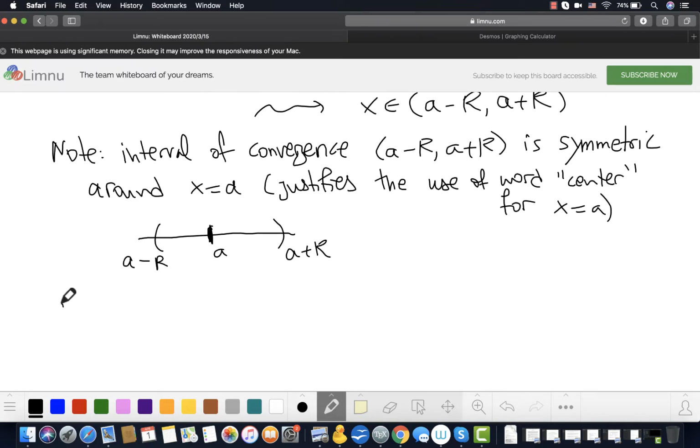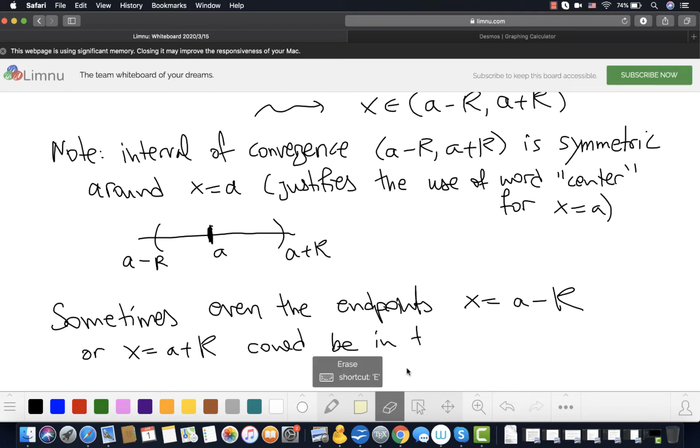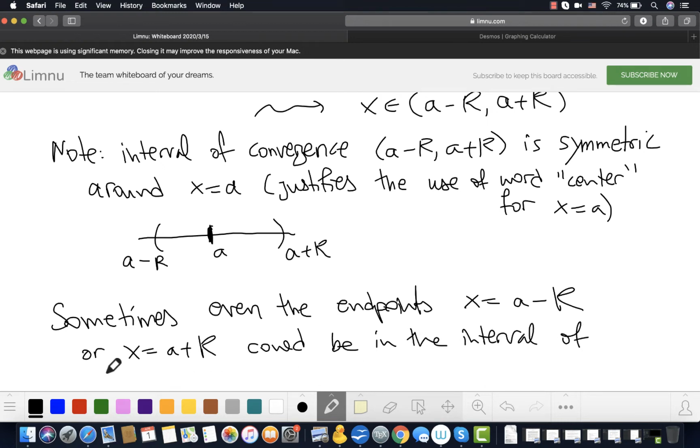Sometimes even the endpoints, x equals a minus r or x equals a plus r, could be in the interval of convergence, but for these you have to check manually. The ratio test will be inconclusive for these values. Convergence needs a manual check.